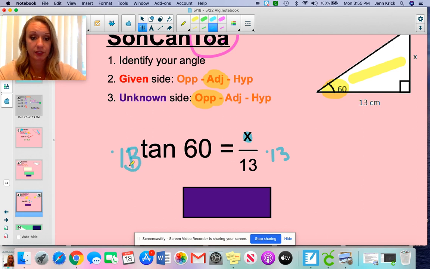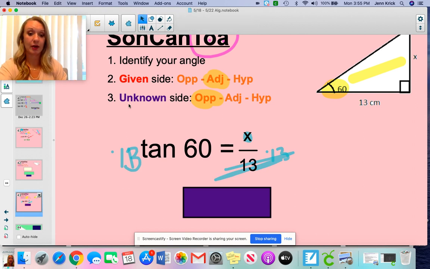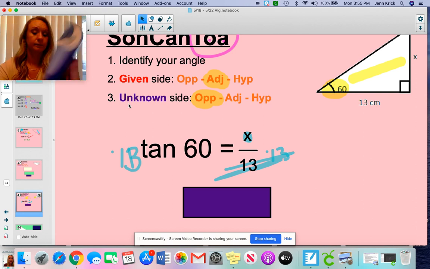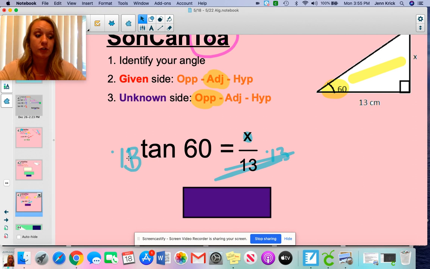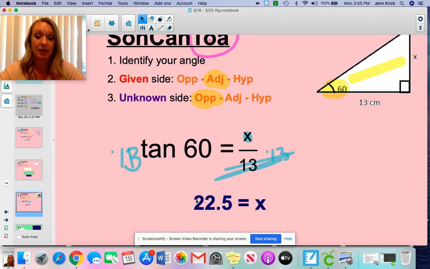That's supposed to be a 13. When you do that, those cancel out, and then in your calculator, clear it out. All you need to type in is 13 times tan 60. And click enter. We're going to round to the nearest tenth, and you get about 22.5.